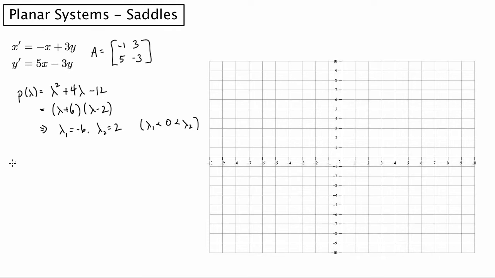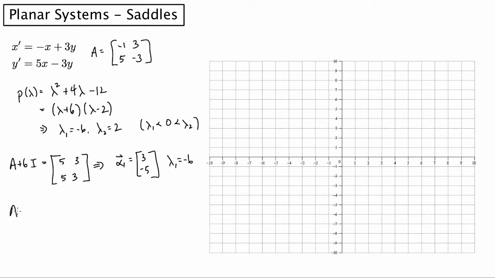So if we try to solve this for the eigenvectors, A plus 6I is the matrix 5, 3, 5, 3, so clearly it is redundant. This will generate the eigenvector 3, negative 5. And so I'm going to pair that with lambda 1, which is negative 6.